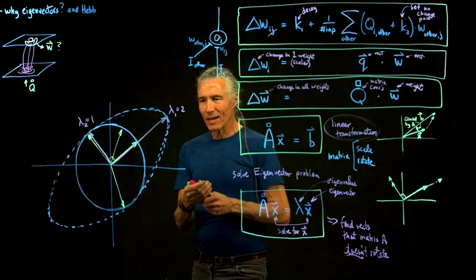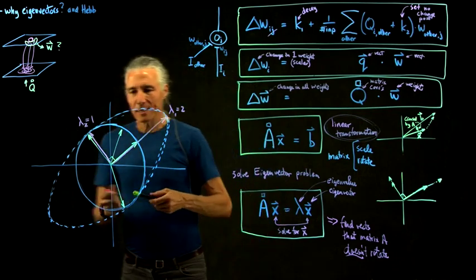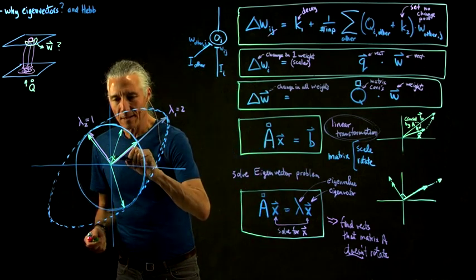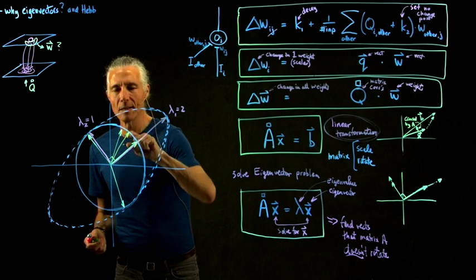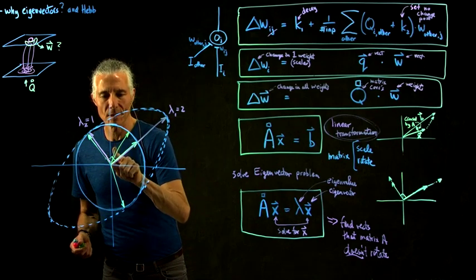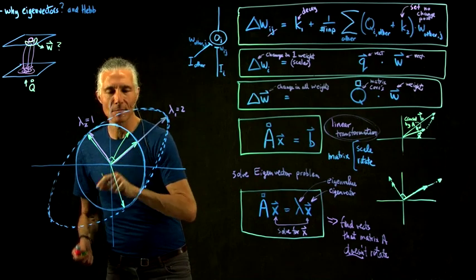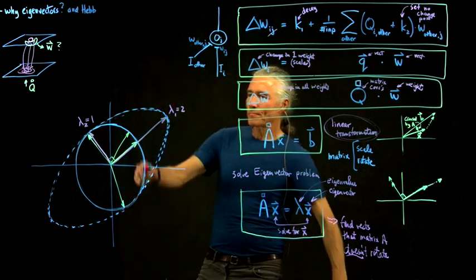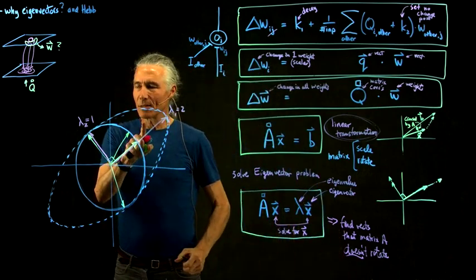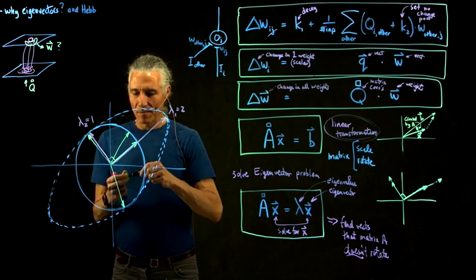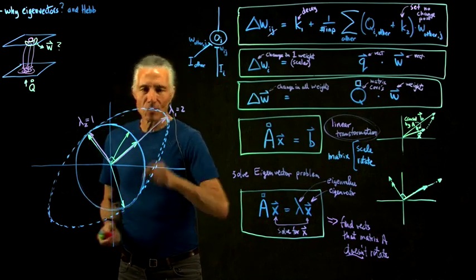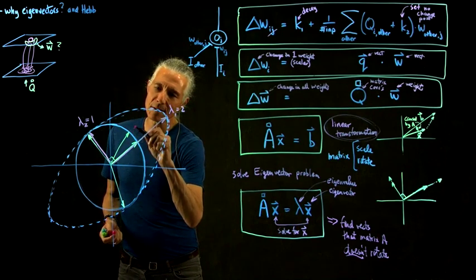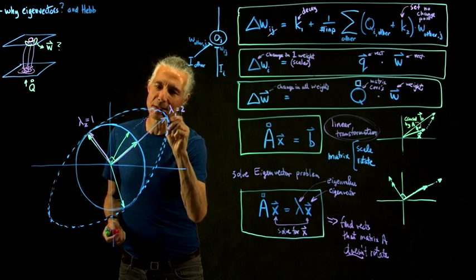Well, now let's take another vector, say a vector like this. I'll get rid of that one for the time being to make this a little simpler. So what does this matrix do to that one? What it's going to do is promote it along a parallel line to this point on the ellipse.